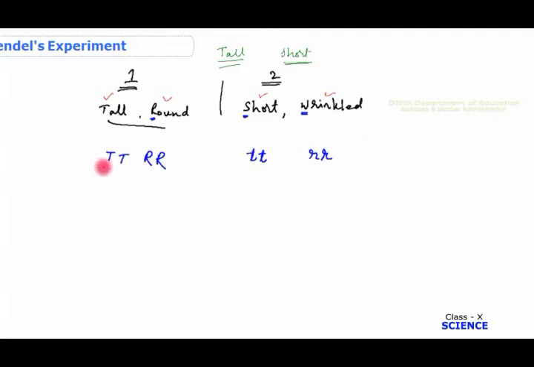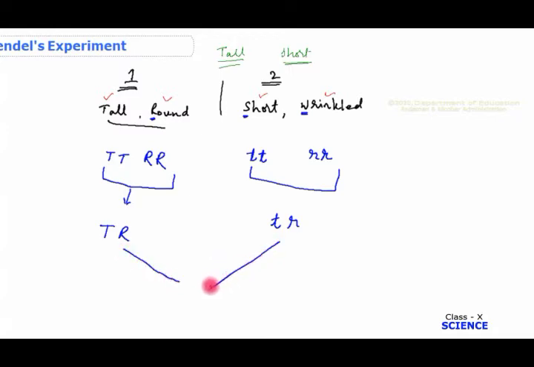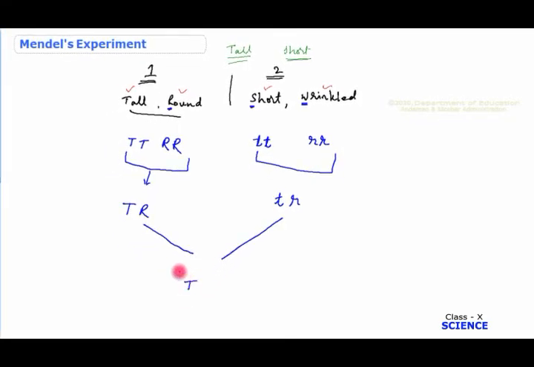So we just find here the gamete for the first plant. The gamete will be capital T and capital R for the first plant, that is the tall plant with the round seeds. For the second plant, the gamete will be small t small r. Now if they are bred, here the cross breeding will take place, and as a result of this pollination we will get the combination like this, capital T small t together we have to write, and capital R small r we have to write.